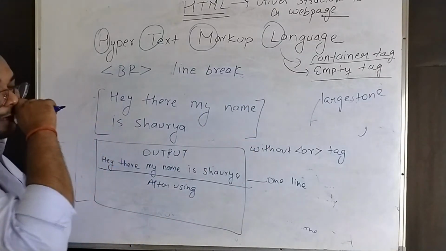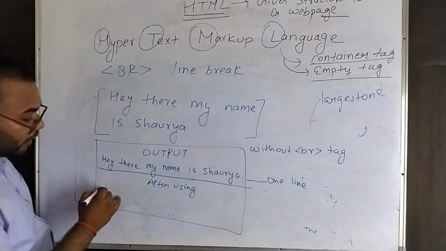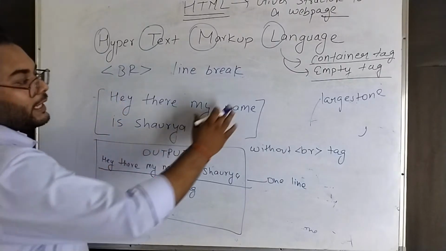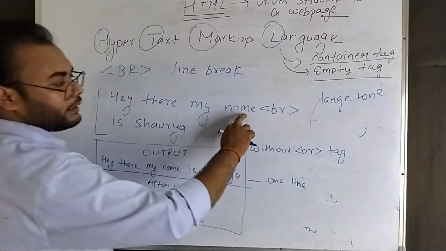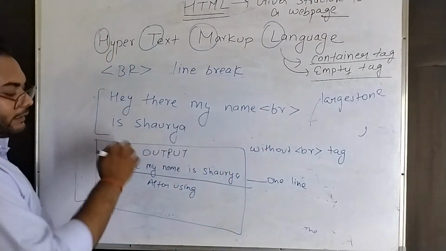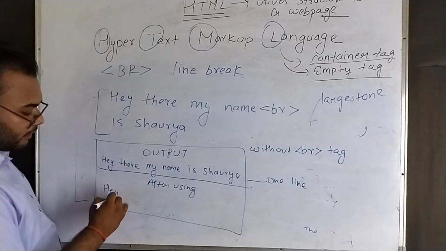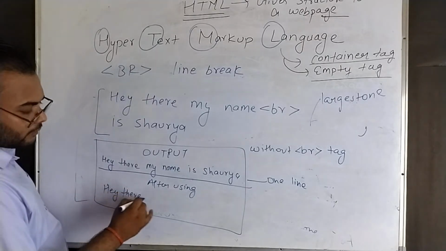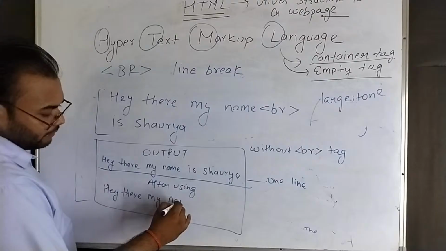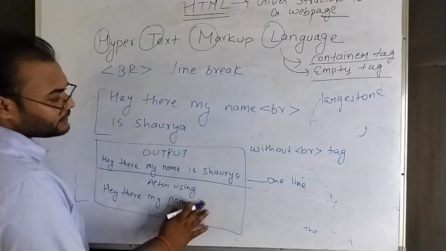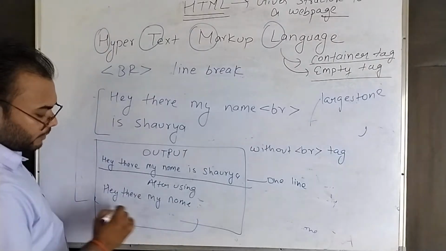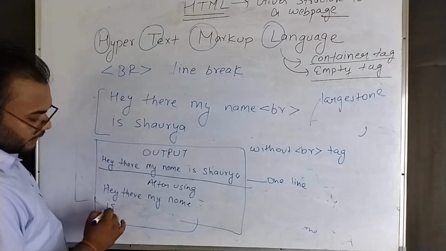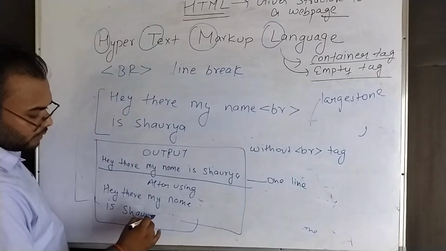So what we are going to do? We are going to use the BR tag. How? We are going to use a BR tag in itself. यहाँ पे BR लगा दिया, नेम के आफ्टर मैंने BR लगाया, and this will come like this: Hey there, my name is. अब इसके बाद क्या है? नेम के बाद हमारा BR tag है, so the next will print from here is Shaun.